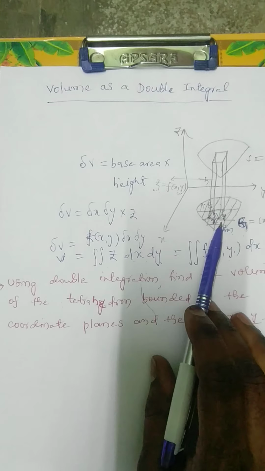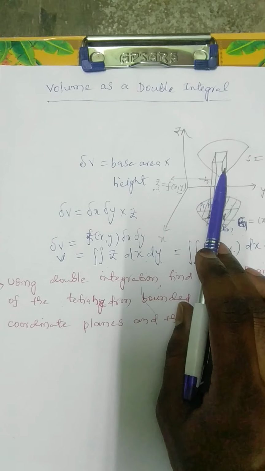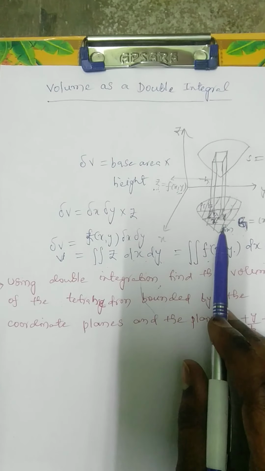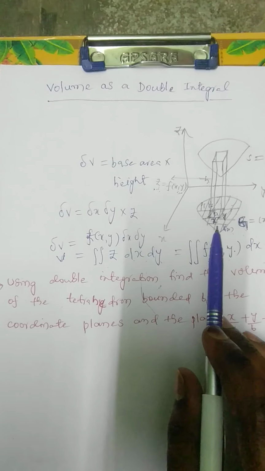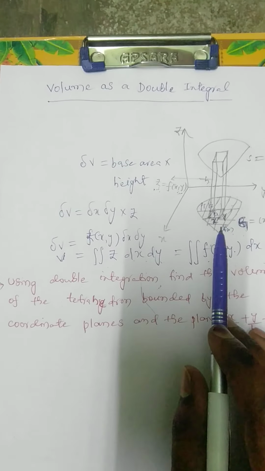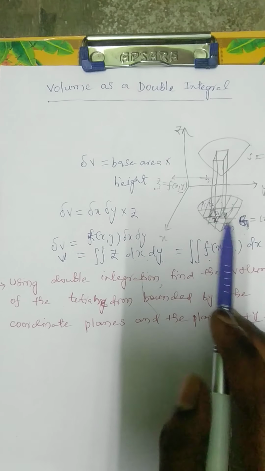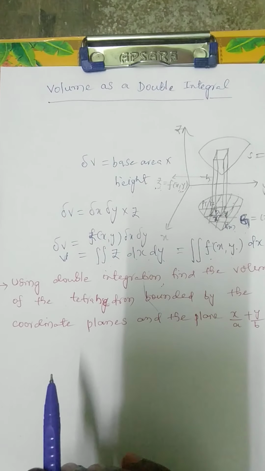See here, if you add all the volumes of the rectangular parallelepipeds, you'll get an approximate value. If the number of rectangular divisions is more, the area will become less, so that you'll get a more accurate volume. If you integrate, you'll get the whole volume of the three-dimensional figure.